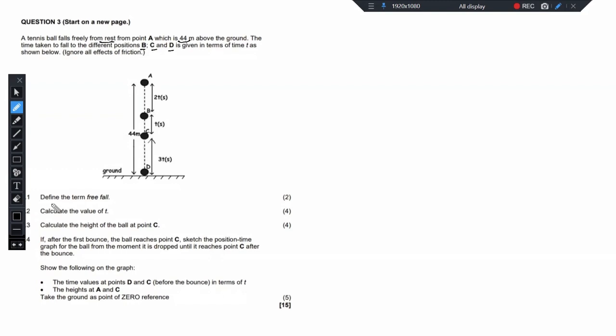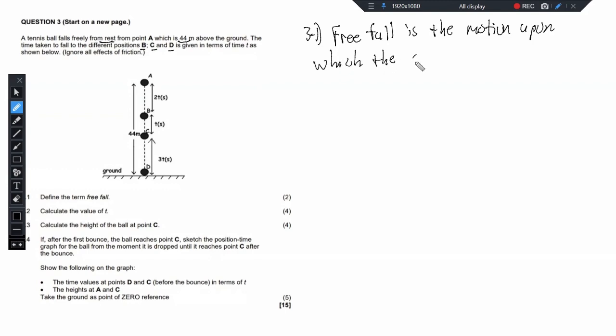Right, then 3.1 says define the term free fall. Right, so that one should be easy peasy, 2 marks. So we say free fall is the motion upon which the only force acting on the object is the gravitational force.